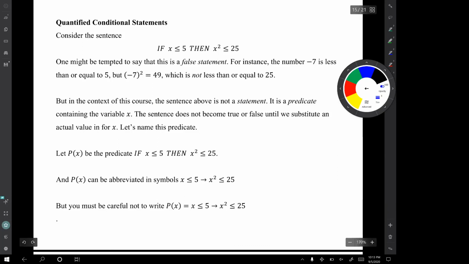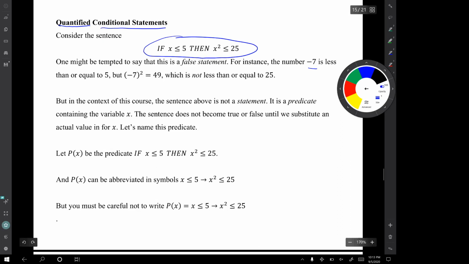Now I want to talk about quantified conditional statements. Remember that a conditional statement is a statement of the form if P then Q. Now think about this sentence. Most of you would probably say that this is a false statement. For instance, the number x equals -7 is less than or equal to 5, but -7 squared is 49, which is not less than or equal to 25.